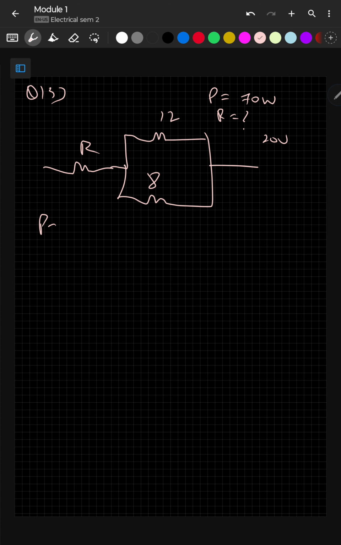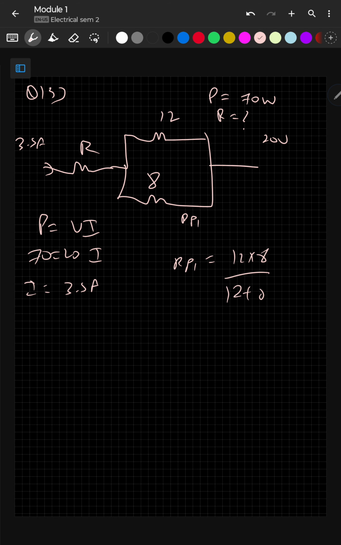So P equals VI, 70 equals 20 I. So I, the total current value, first I'm calculating, 70 by 20, which is 3.5. So the current flowing through the circuit is 3.5 ampere. Now let's find this part. RP equals 12 into 8 by 12 plus 8. So 12 into 8 divided by 20, that is 4.8.